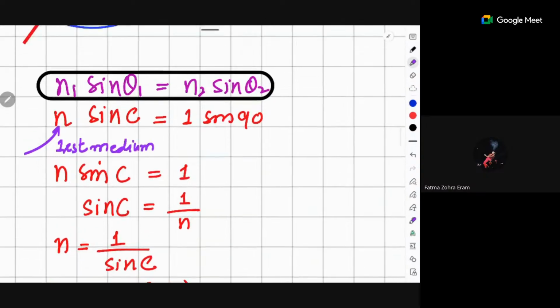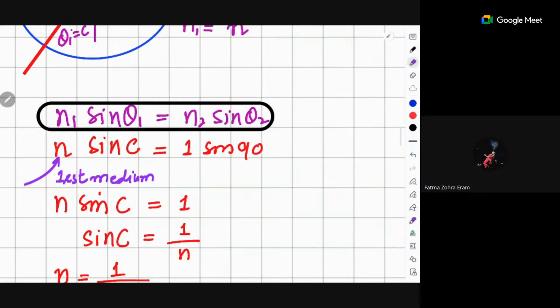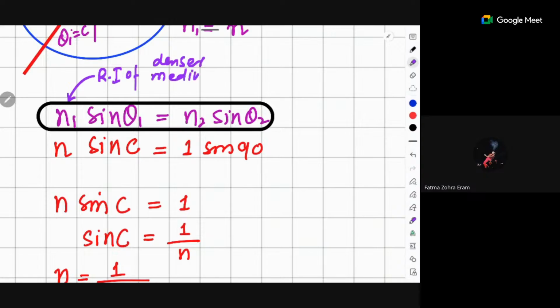And what about this? N2. Sorry, I have to write it at the top. Yes. N1 is the refractive index of medium 1, yani denser medium. And what about N2?